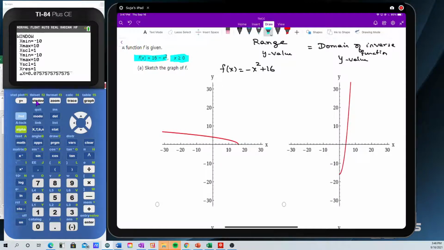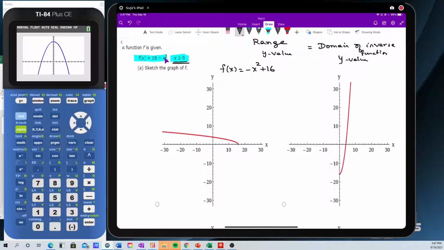I cannot see the complete graph because of the 16, so I'm going to increase my y max to probably 20. Okay, this is the graph of the function. This is not a one-to-one function, so it cannot have an inverse function. But that's the reason they gave this restriction.